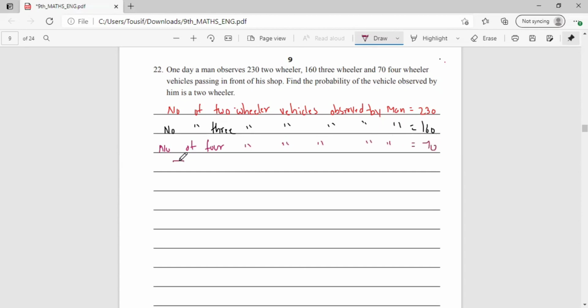So the total number of vehicles observed by man. What will be the total? That is 230 plus 160 plus 70. That will give the total as 460.